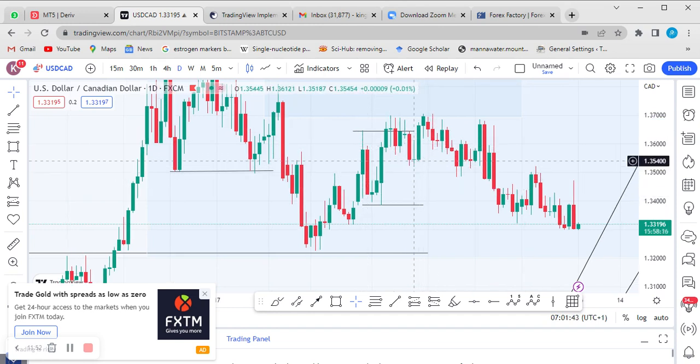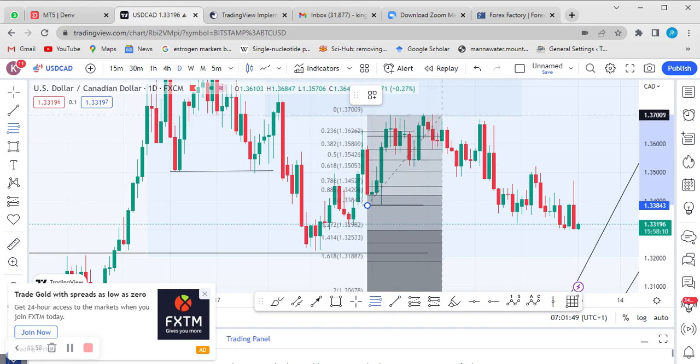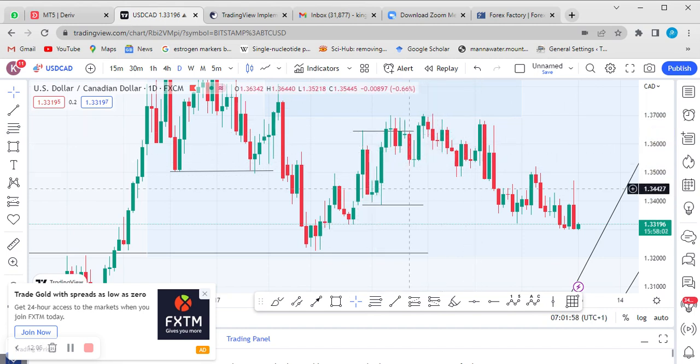So now let's calculate this. I want to see if this was a valid low. Let me use my fib retracement tool for the breakout. Yeah, it was valid because price tested 50%, the equilibrium. So this was a valid point to consider as support.